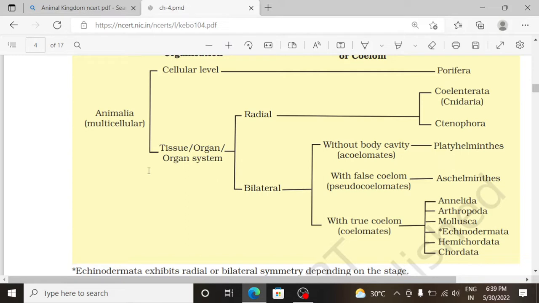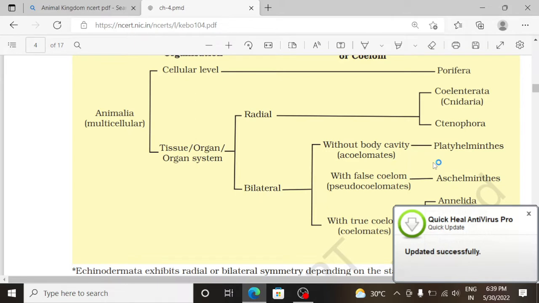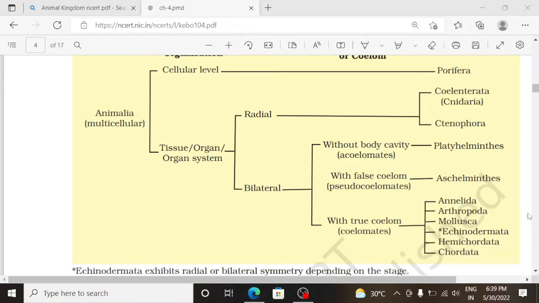So without body cavity, phylum is Platyhelminthes. With false coelom, that is pseudocoelomates, the phylum is Aschelminthes, and with the true coelom, the phylum is Annelida, Arthropoda, Mollusca, Echinodermata, Hemichordata, and Chordata.